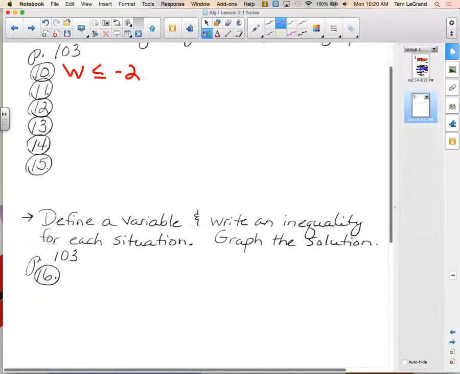And again, you get to pick your own variable. I don't think they have anything on there indicating which one to use.